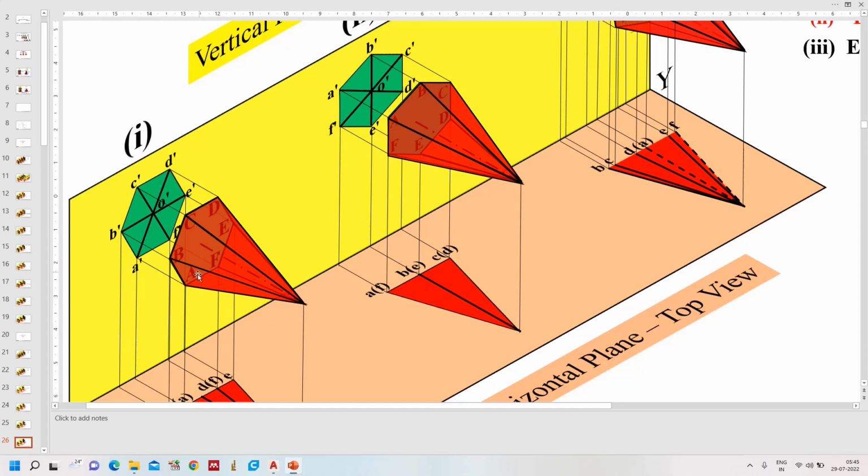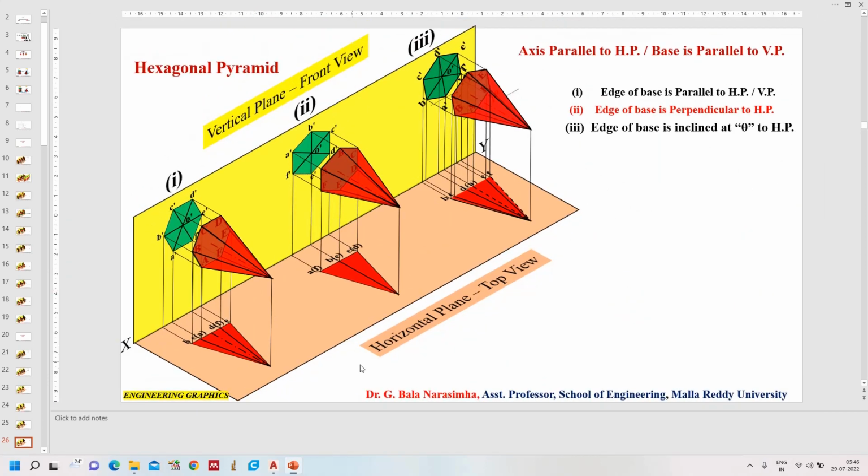The remaining edges BC, BA, DE, EF are inclined to the horizontal plane. So when it looks like this, the front view will be in the form of a hexagon, and all the corners are connected to a center point called the apex.